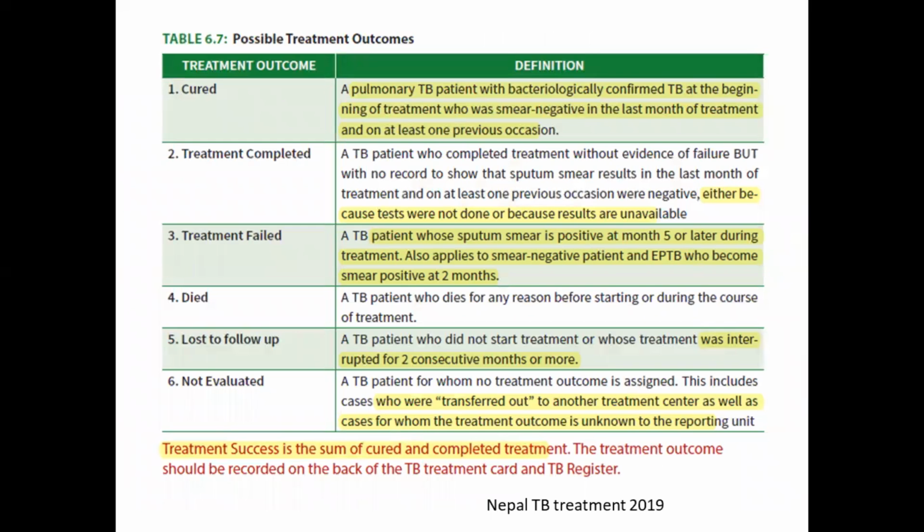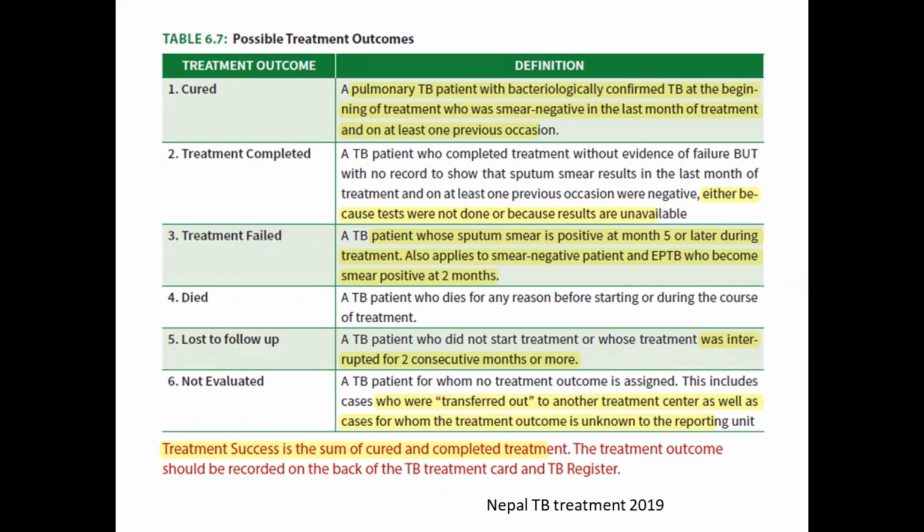Now moving on to the possible treatment outcomes. You diagnose a patient either bacteriologically or clinically with pulmonary or extrapulmonary tuberculosis, you categorize the patient as either a new case or a retreatment case, and you give the treatment for 6 months to 10 months. Now what can be the possible treatment outcome?